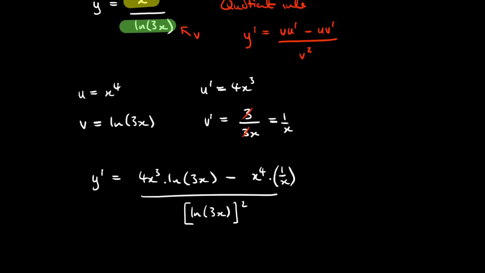Hopefully you can recognize as well with this expression here, the x to the power of 4 times 1 upon x, we can simplify that and instead rewrite it as x cubed. So I'm just going to write that as x cubed. Okay, and the rest cannot simplify, beg your pardon.